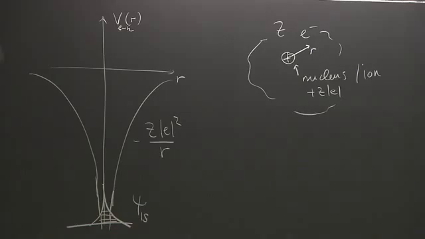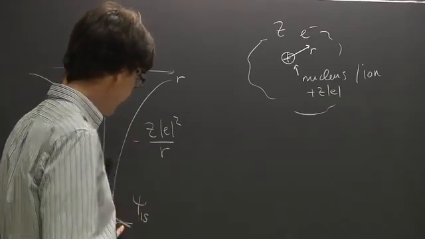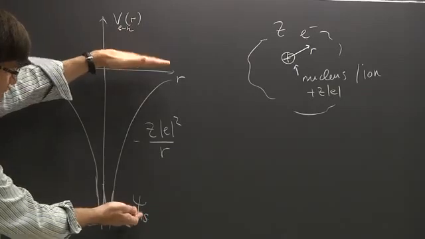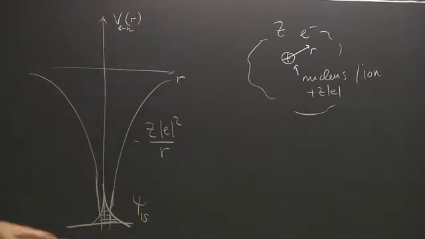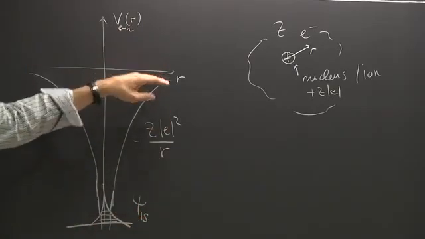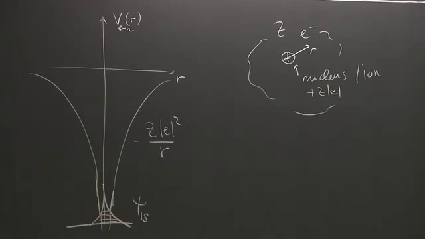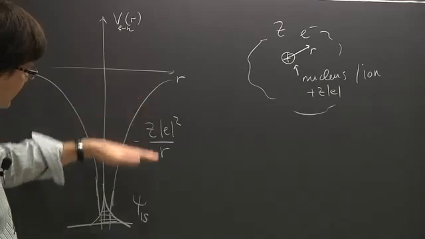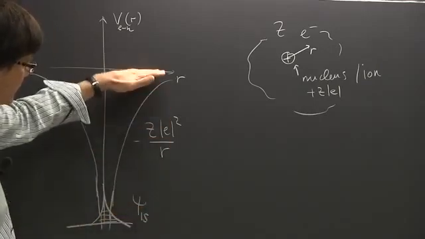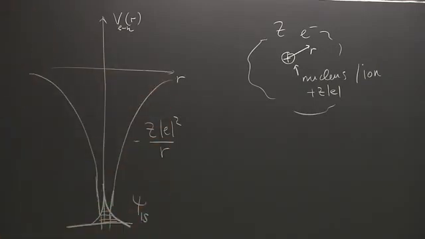Because the decay of this wave function is determined by the distance of this energy level to the vacuum level. It's an exponential decay, and the exponential decay is faster the larger is the distance between the vacuum level and the position of these states. So depth and localization are two aspects of the same physical property.